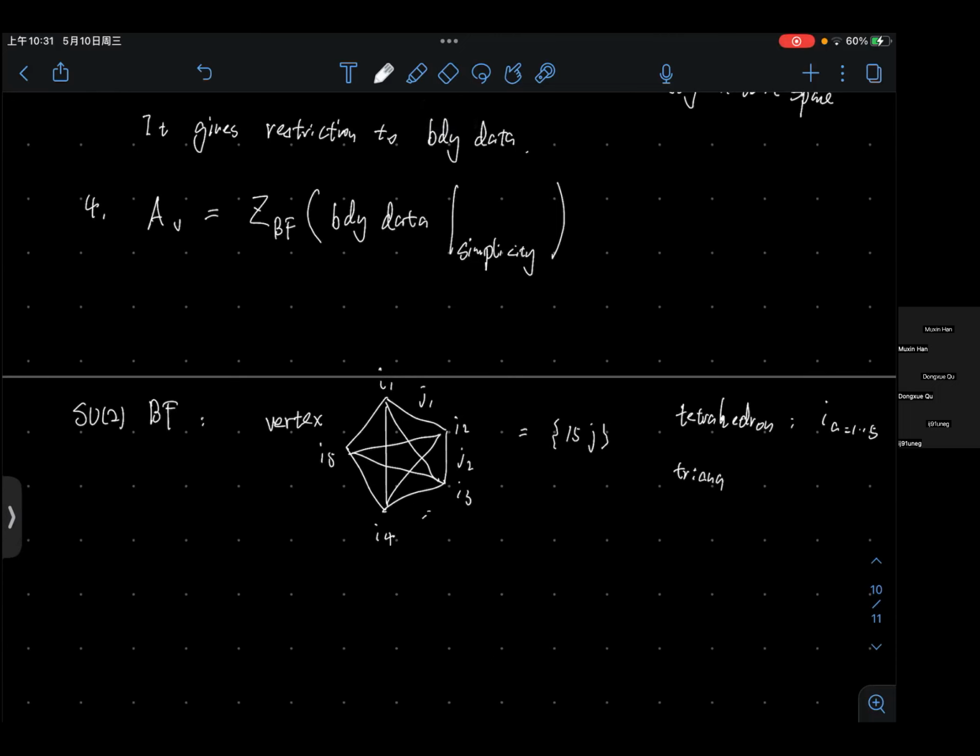Remember, we talked about the topology of the 4 simplex: there are in total 10 triangles, and for each triangle there is a spin, which I will call J_AB, with A smaller than B, because any triangle is shared by 2 tetrahedra, which is why I label J by A and B. So in total, 10 triangles and 5 tetrahedra.